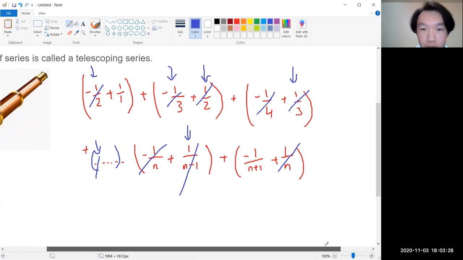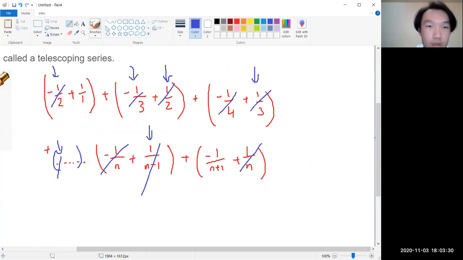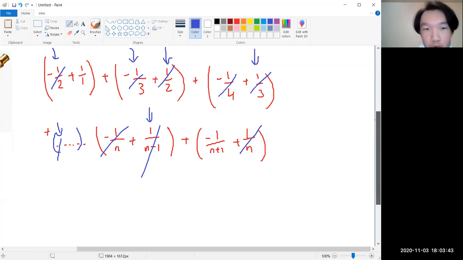And then what we're left with is basically, you could go on forever, but let's just see what the remaining terms are right now. The only remaining terms are the 1.